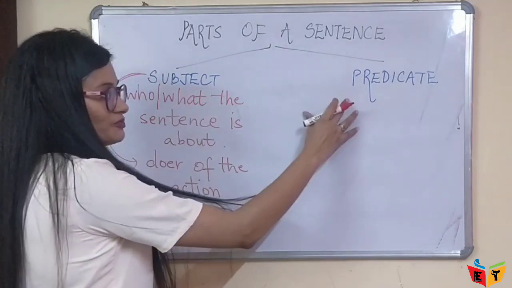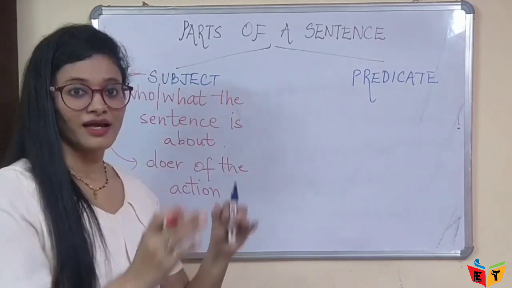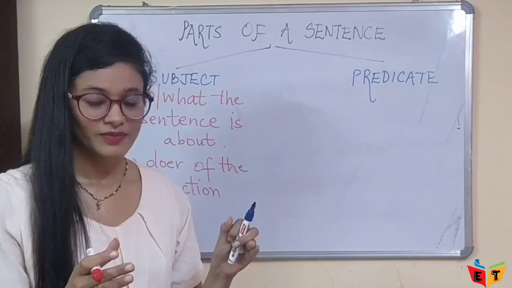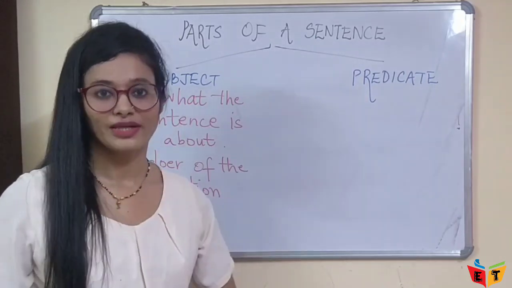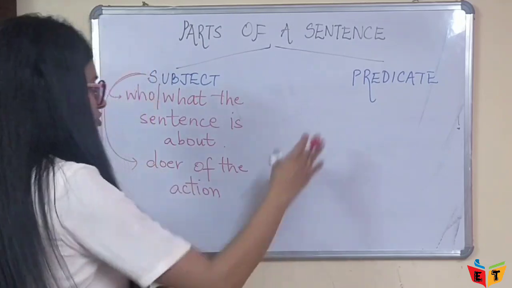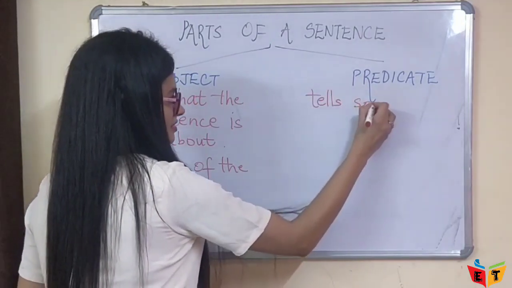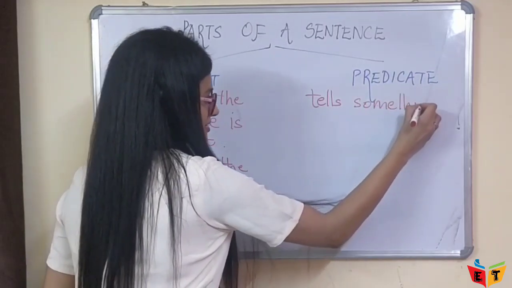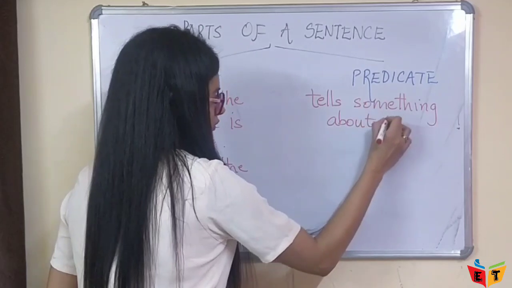Now, talking about predicate. Predicate is the part of a sentence which tells us something about the subject. Okay, so predicate tells us something about the subject.